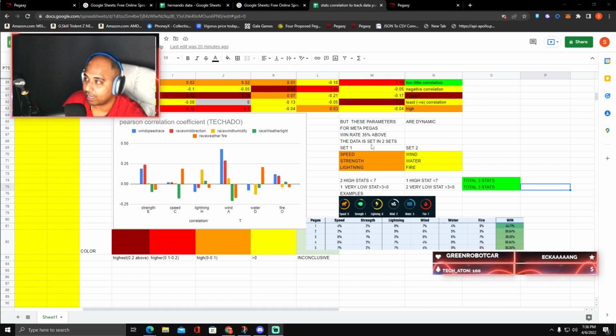If for example, you're taking set 1, which is speed, strength, lightning, you should have two very high stats and one very low stat. So two high stats means above 7. One very low stat means like less than 3 but more than 0. Same as for the set 2. Either you take one high stat which is more than 7, or less than 3 or less than 0. So total of 3 stats will work.